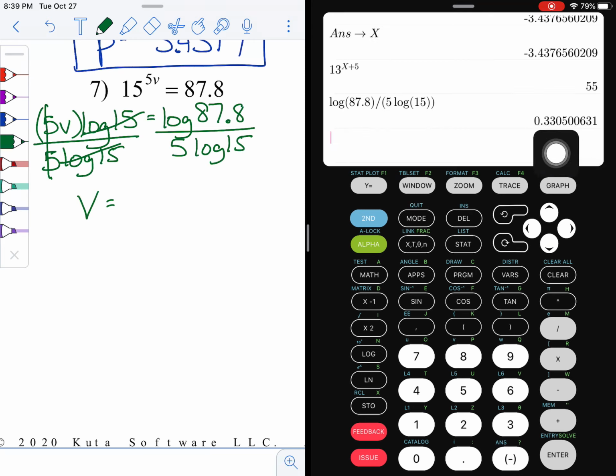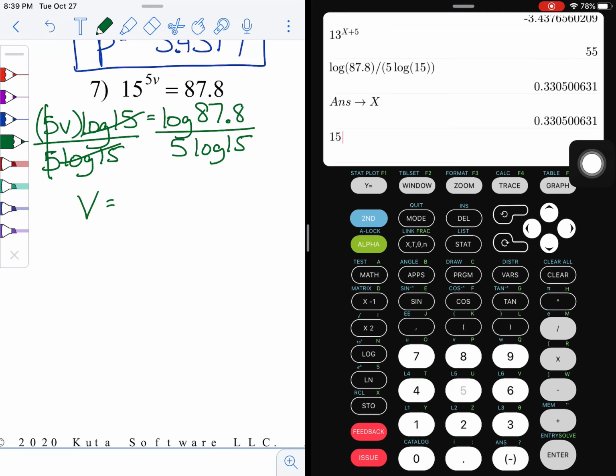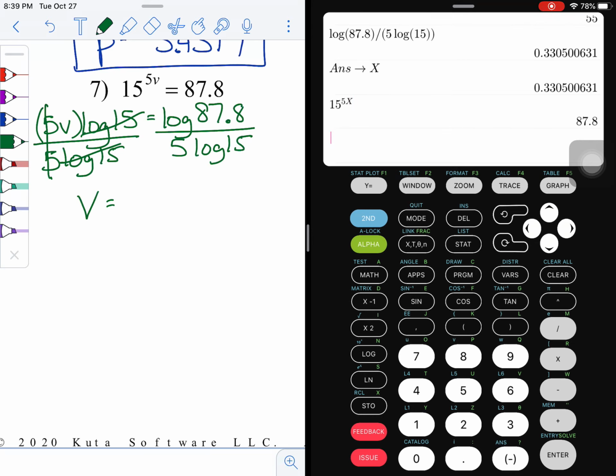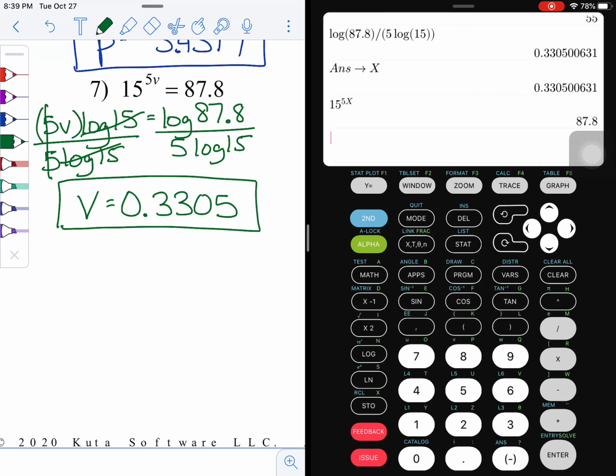Hit enter. Now, again, I always do this. I'm going to check it. So store that in X. So 15 raised to the 5x is 87.8, which is exactly what I wanted it to be. So that means that v is equal to 0.3305.